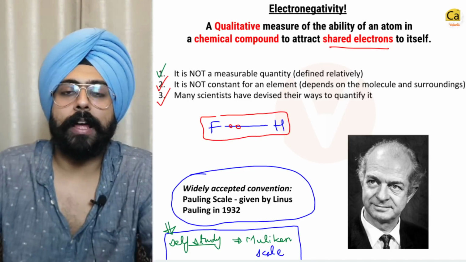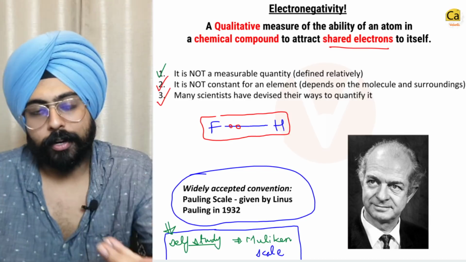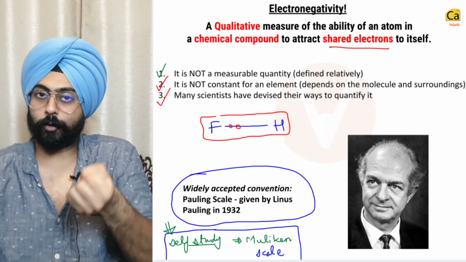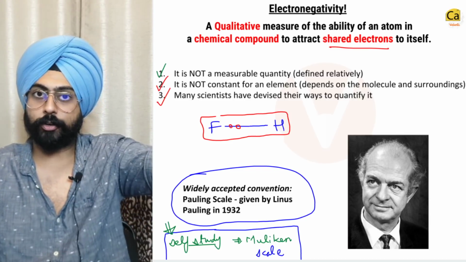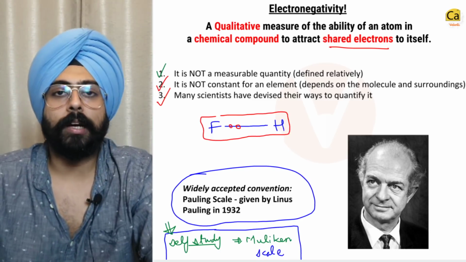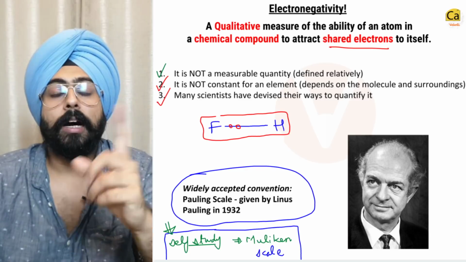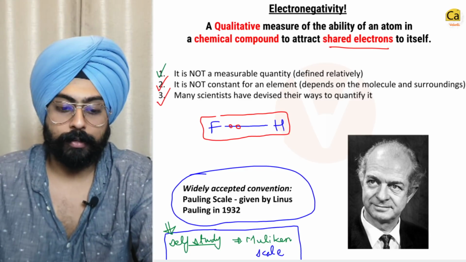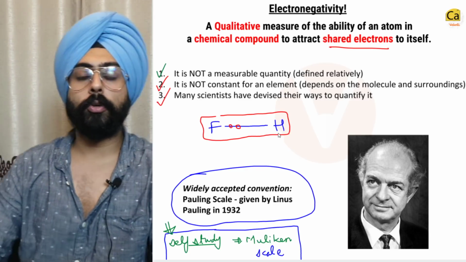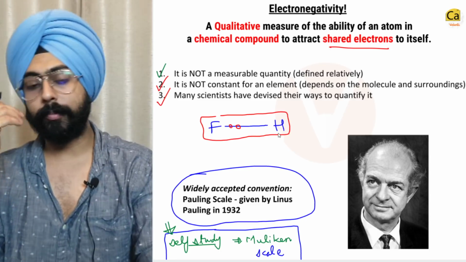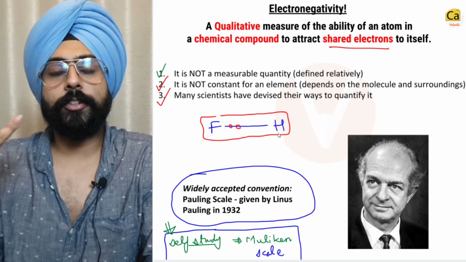This is electronegativity. In a bonded scenario, if fluorine keeps the electrons closer to itself than hydrogen, fluorine has higher electronegativity. If hydrogen keeps them farther from itself, hydrogen has less electronegativity. So my dear friends, in order to define electronegativity for every other element, you need to define a standard.